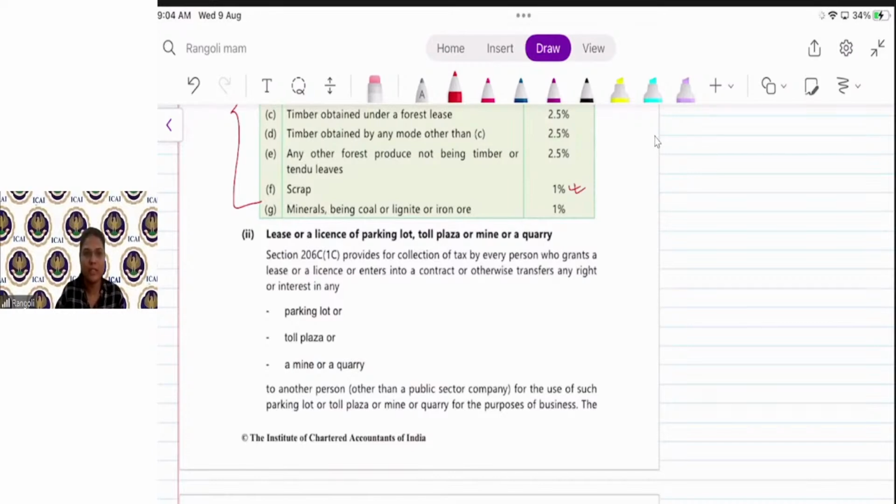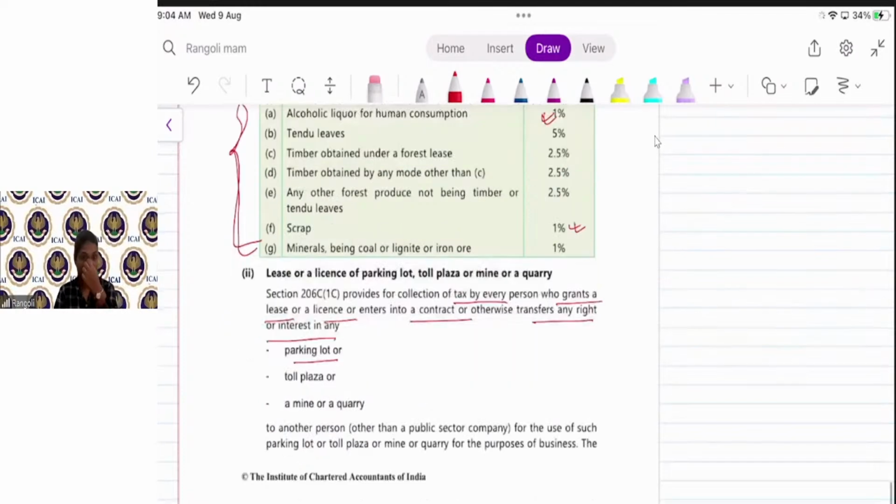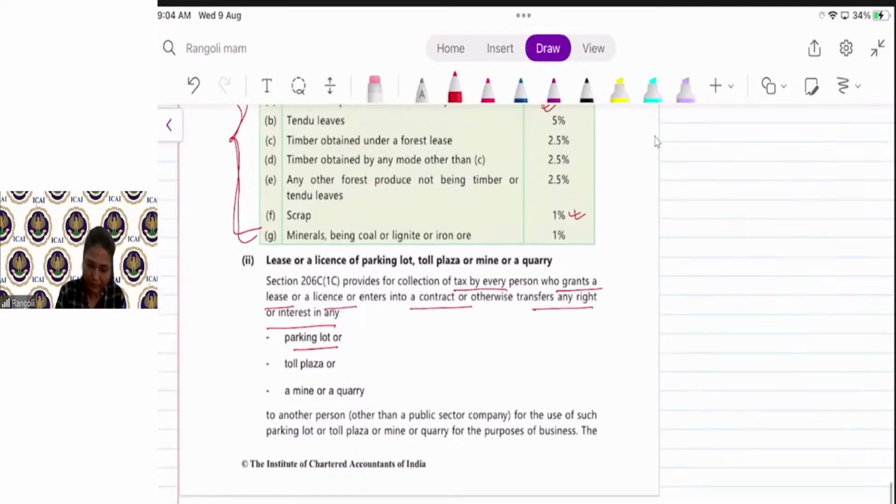Section 206C provides for collection of tax by every person who grants a lease or license or enters into a contract, or otherwise transfers any right or interest in a parking lot, toll plaza, mine or quarry to another person for use of such parking lot.